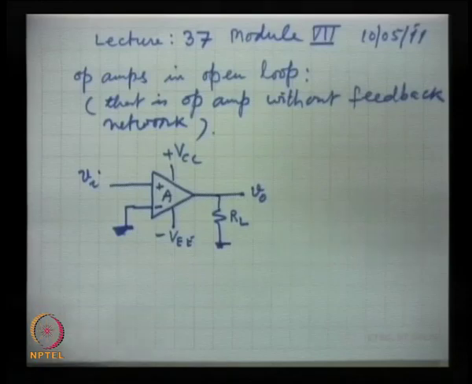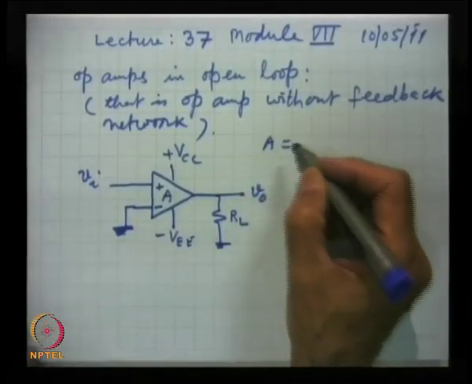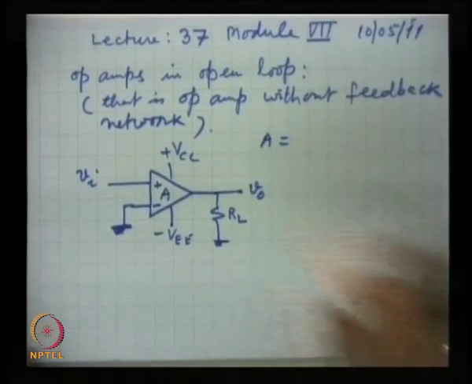Now, this A is the open loop gain, always remember, open loop gain.